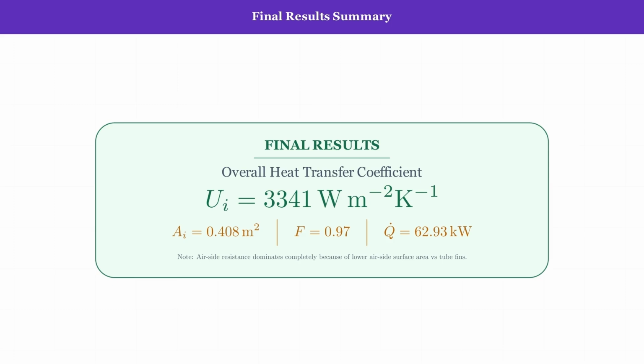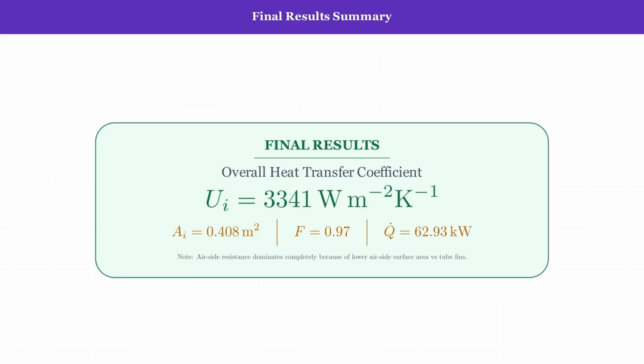Fins exist to compensate for air's poor convective coefficient by dramatically expanding the effective surface area exposed to the airflow. Without fins, the bare tube area of 0.4 of a square meter would be wholly inadequate. With fins, that area multiplies several times over, and the thermal performance of the system becomes viable.